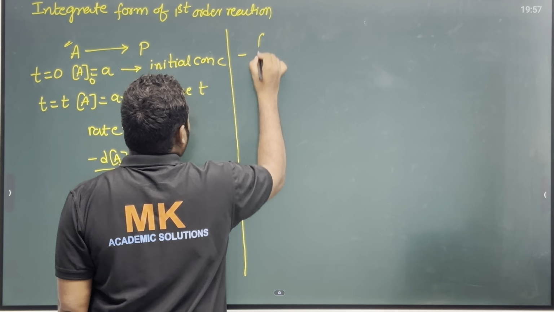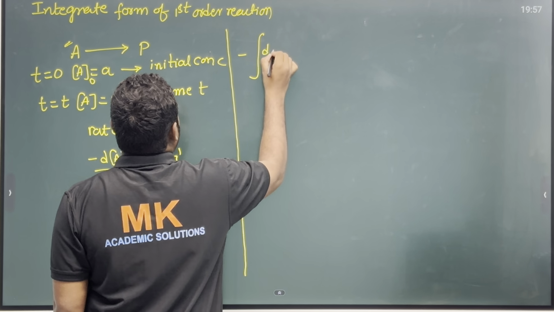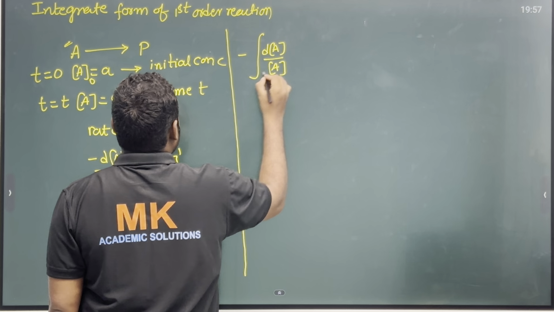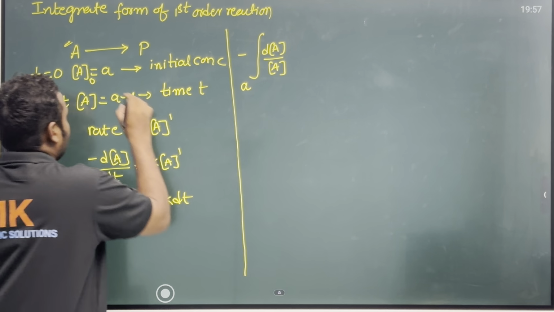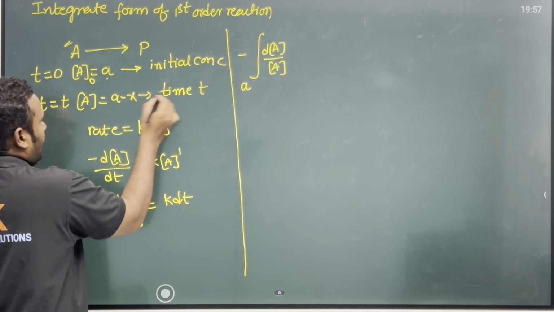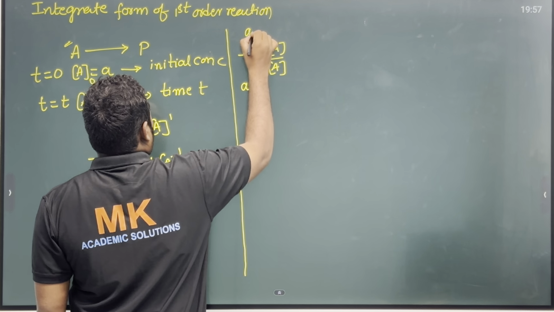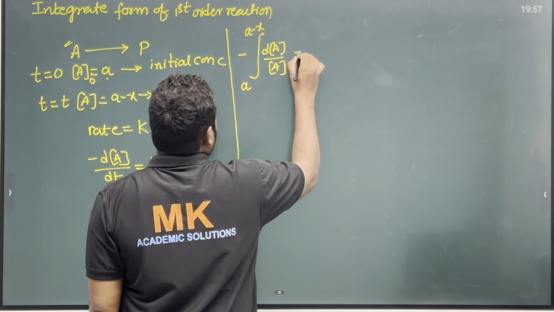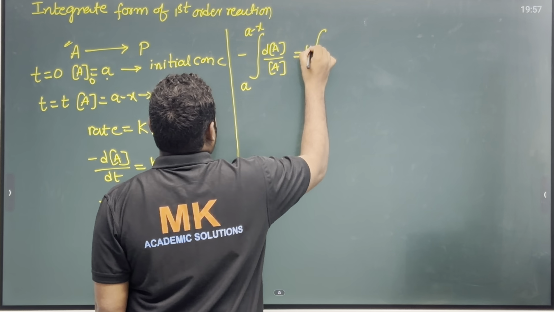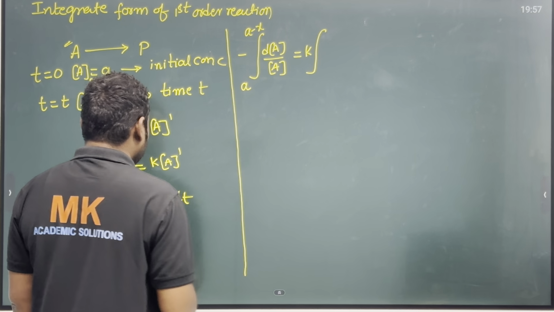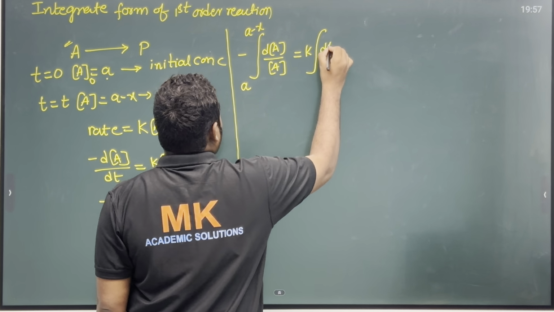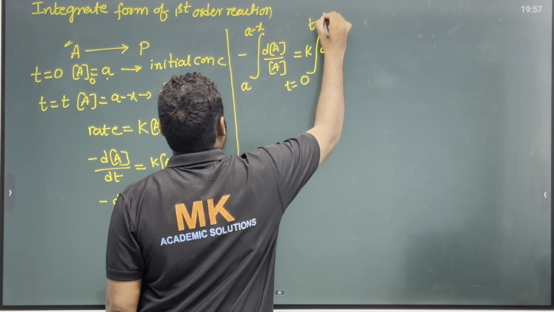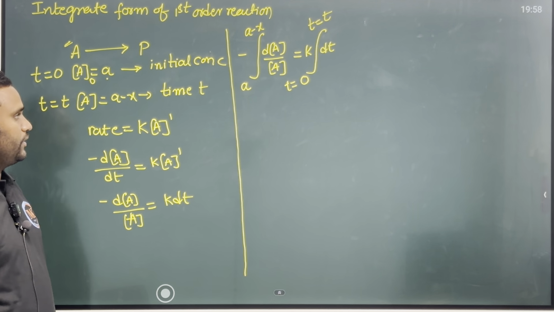Minus integral dA by A, from initial concentration A to concentration A minus x at time t, is equal to integral K dt, K being constant, with time limits from t equal to 0 to t equal to t.